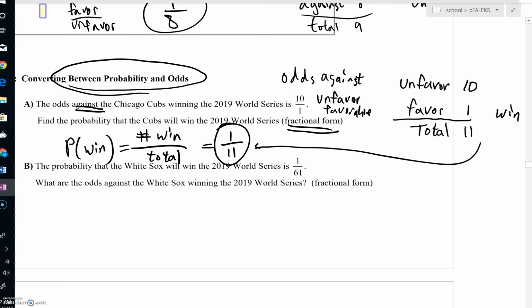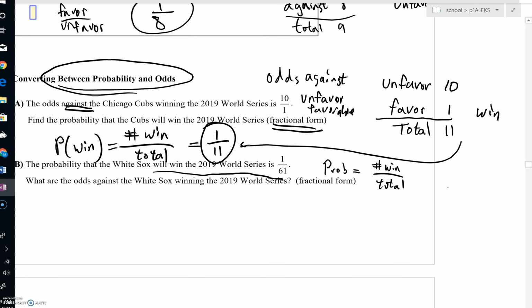For B, it says the probability that the White Sox will win is 1 out of 61. Well, again, let's think about what a probability of a win would be. It would be the number of times that they could win all over a total. So let's think about this.